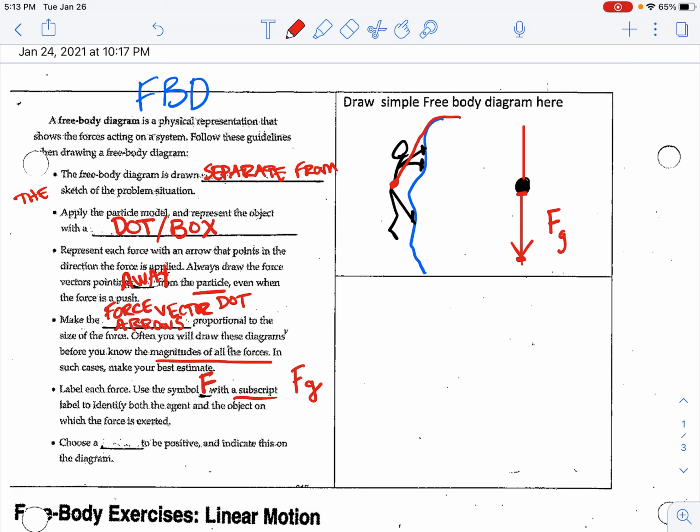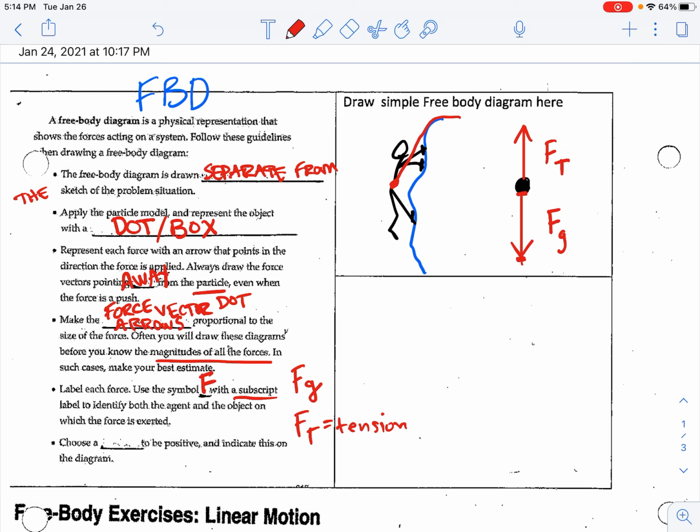So now I've got an arrow going in the upward direction. When the rope is taut, it has tension, so I'm going to use a T there. So Ft represents tension. And that just means that there's something that's preventing gravity from pulling her down.